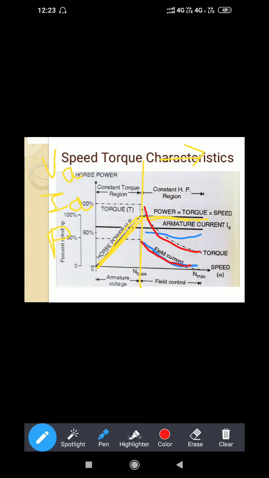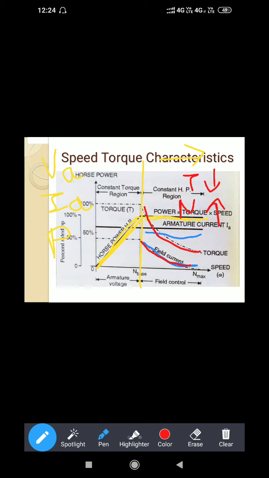So for above rated speed, you can see your torque is going to reduce, your speed, which you can also represent by n, is going to increase, torque is going to reduce, and power remains constant. So this right hand part is also known as the field weakening part, because we are reducing the field current, so your field gets weaker.